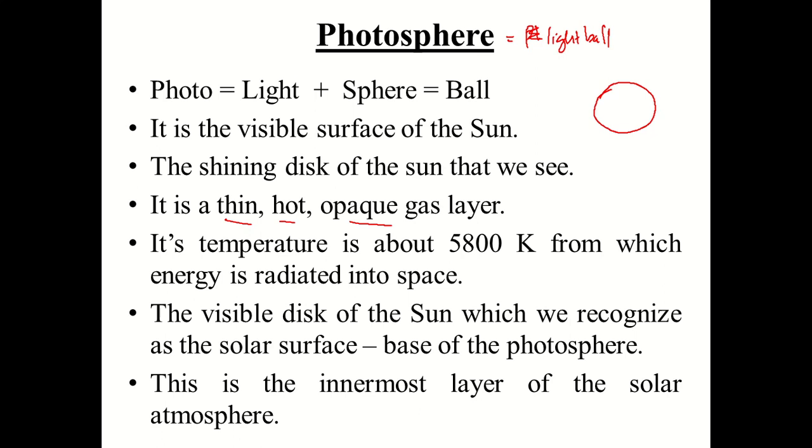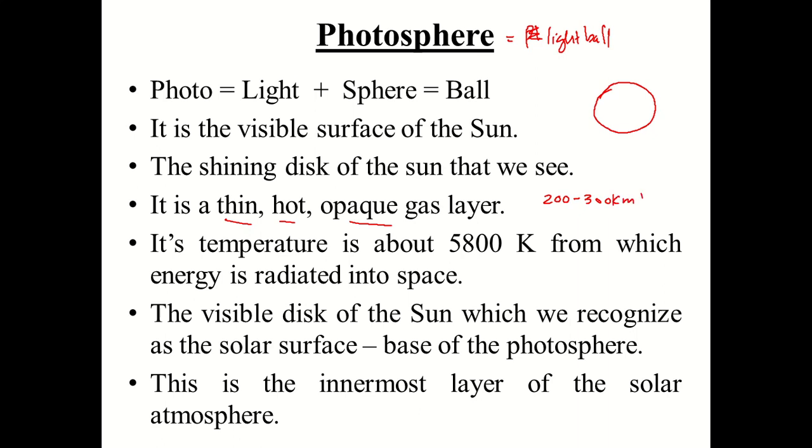And this hot layer, hot means its temperature is around 5800 kelvins, from which the energy is radiated into space. And the word thin means it extends to around 200 to 300 kilometers.